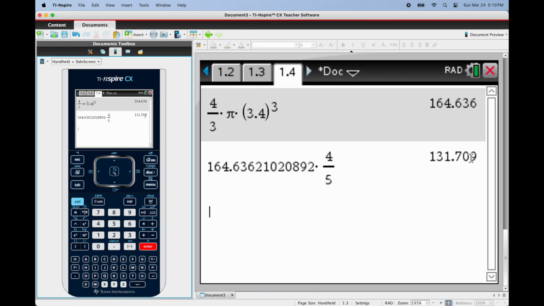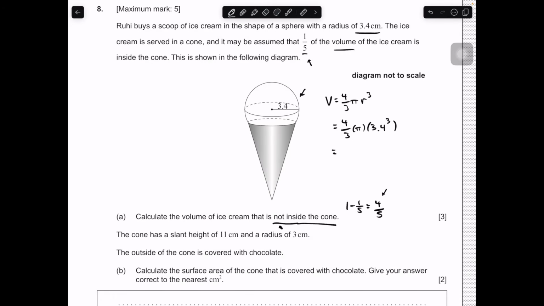So here we go. Let's go back to the document for a sec. So this was our total volume, 164.636, but we don't want the total volume.